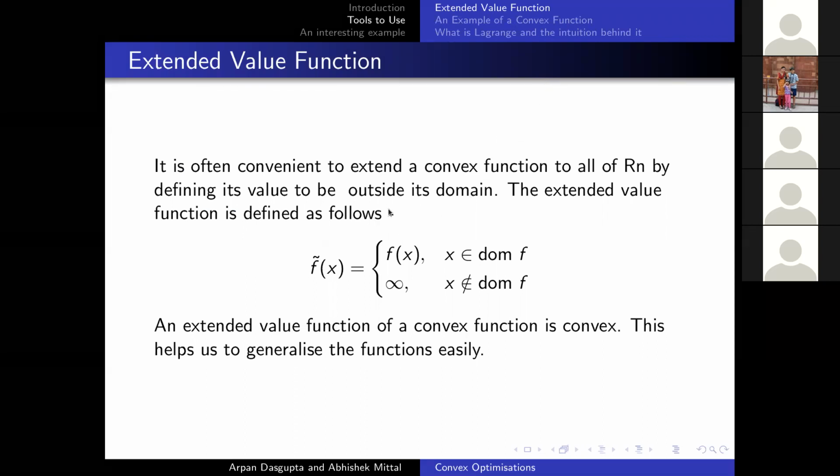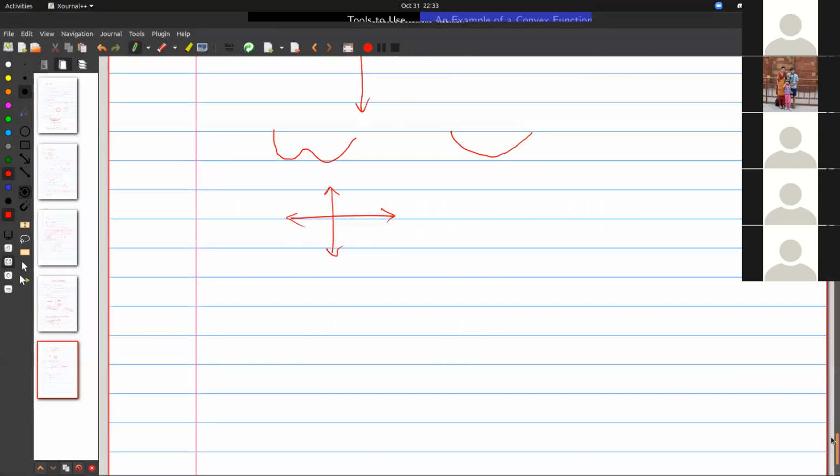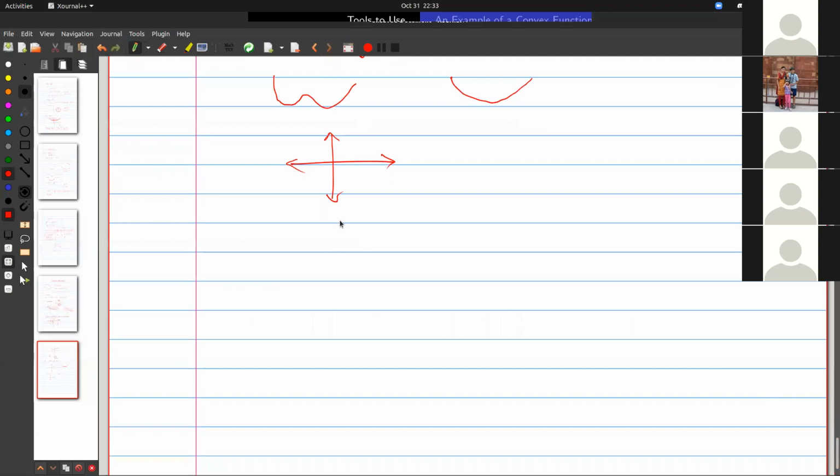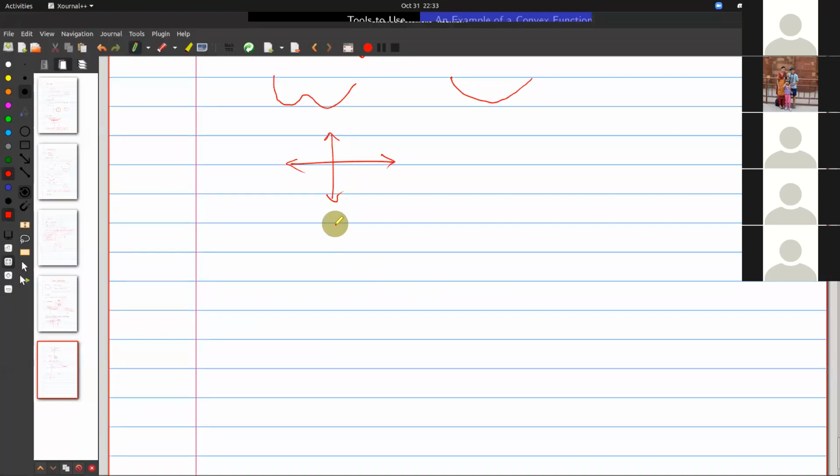Okay. So now I'll introduce you to a few tools before we move on to the problem. First is the extended value function. Our functions are generally defined on some domains. So say our function is defined on a domain from A to B. However, it is much easier for us to work with functions which are not restricted to domains.